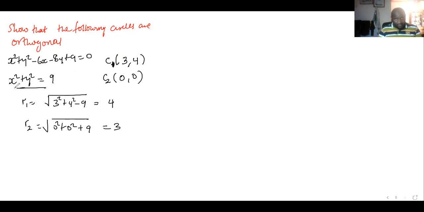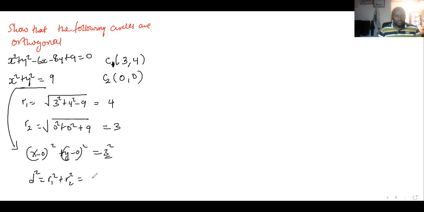Those who can't see for this one, you can write it in this form: x minus 0 squared plus y minus 0 squared is equal to 3 squared. What is always here is the radius. So can you prove whether D squared is equal to R1 squared plus R2 squared, of which this is 3 squared plus 4 squared, equal to 25. So show that D squared is 25, and D, remember, is C1C2.